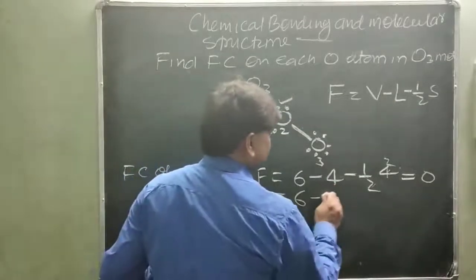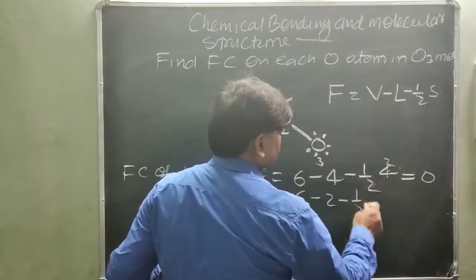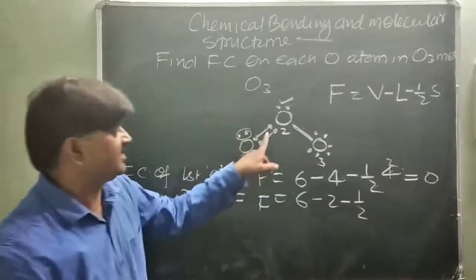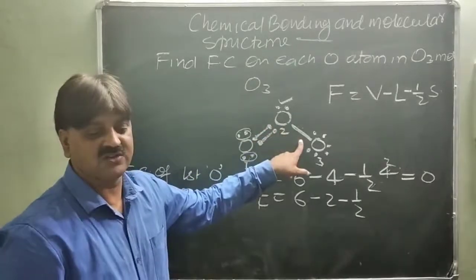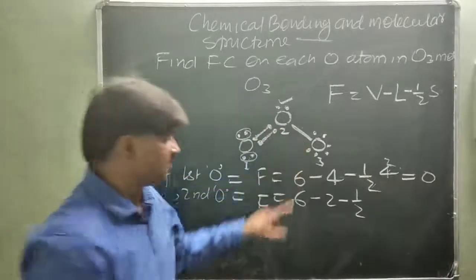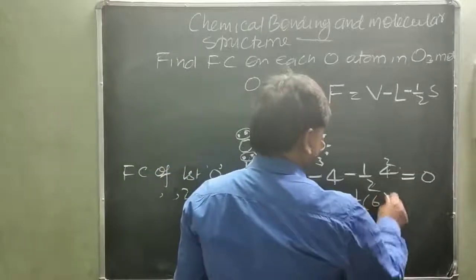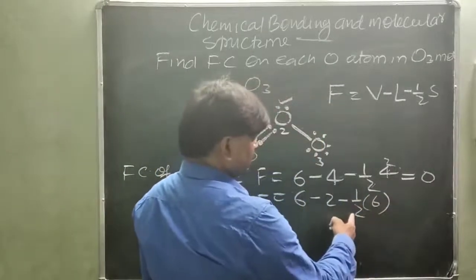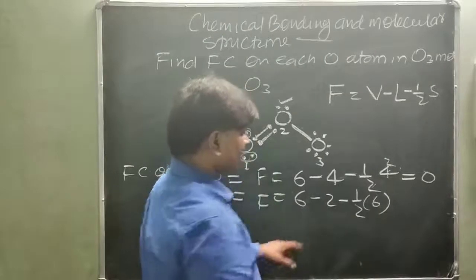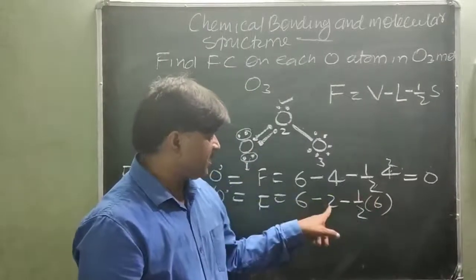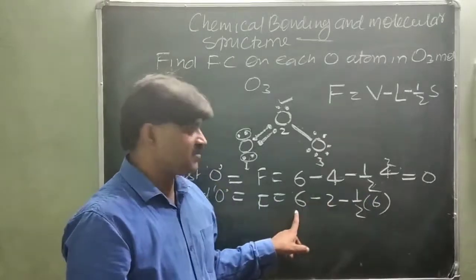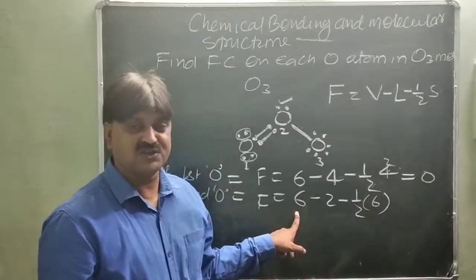So 2, minus half into how many electrons are shared here? 4 to this oxygen and 2 electrons to this oxygen. So how many total electrons are shared? This is 6. So half of 6 is 3, minus 3 and minus 2. This is minus 5 and plus 6. So what would be the number? This is plus 1.